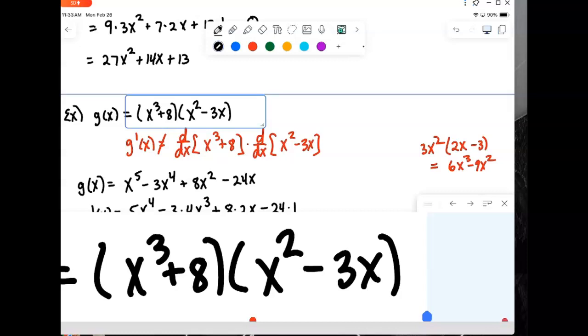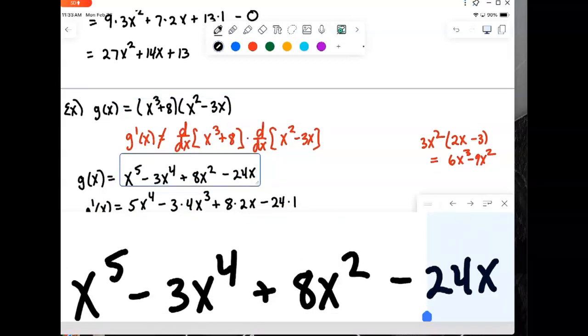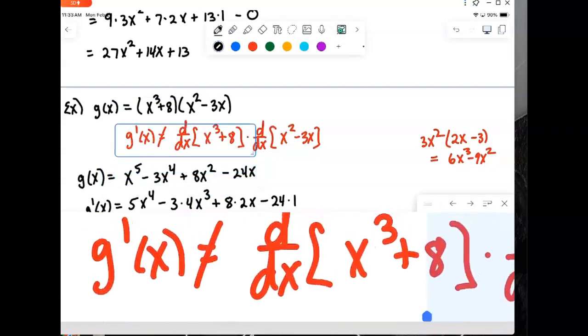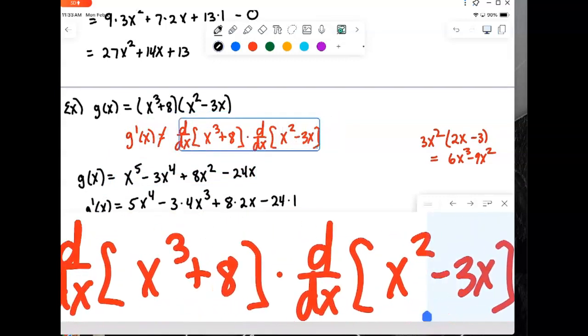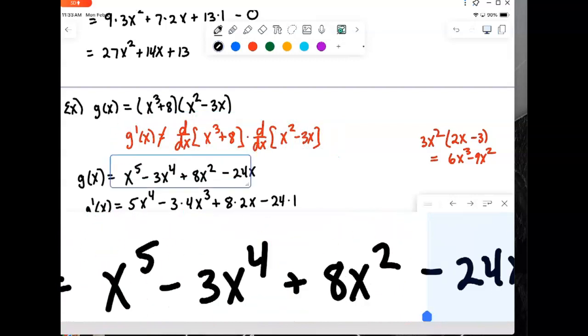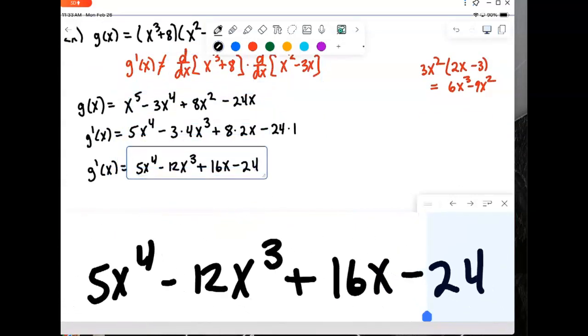But even when we do that, for a problem like this, it'd be better to just multiply them out. So that's coming a little bit later, but just for now, realize that we can't distribute across multiplication. Okay, we're not able to do that. There's more to that process.